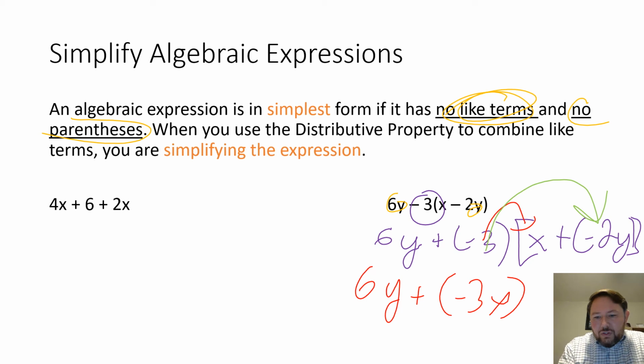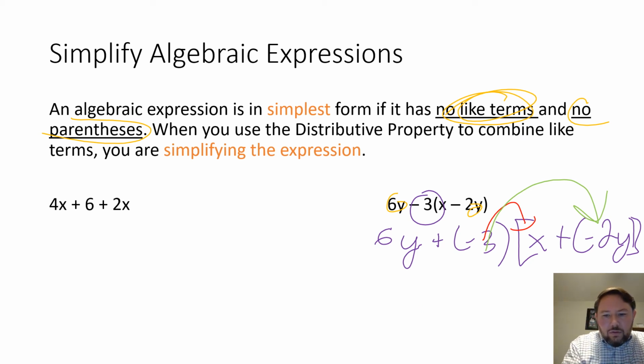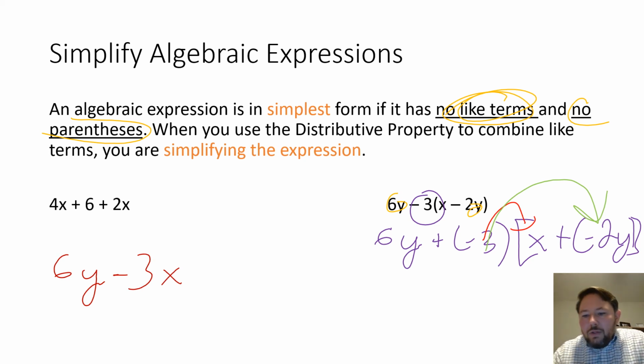And I'm going to erase this red one, and we're going to rewrite that over here. I know it's a little confusing, but we have 6y now. -3 times x is -3x. -3 times -2 is going to be a positive number, and 3 times 2 is 6, and then that y stays there.